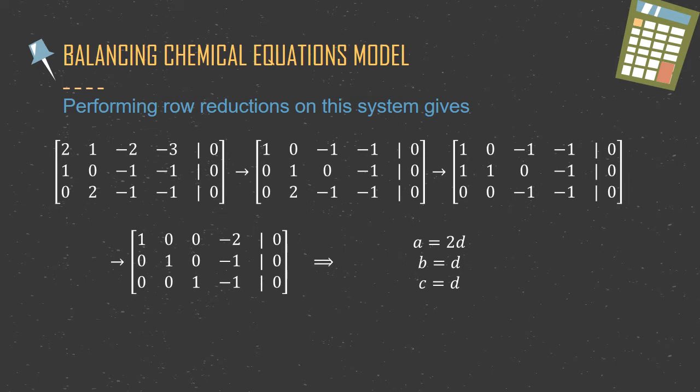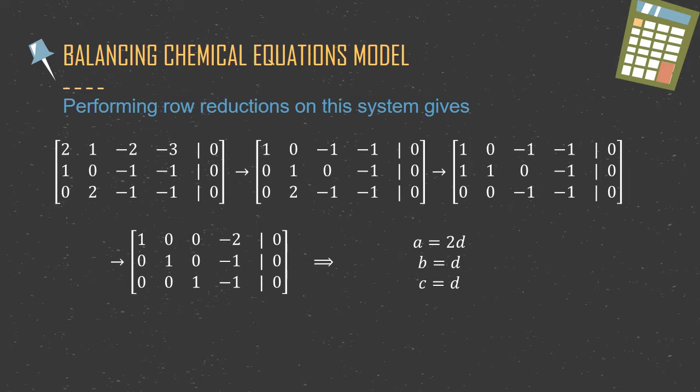Performing the row reduction on the system gives, so using row reduction, we have 2, 1, negative 2, negative 3, 0; 1, 0, negative 1, negative 1, 0; and 0, 2, negative 1, negative 1, 0.